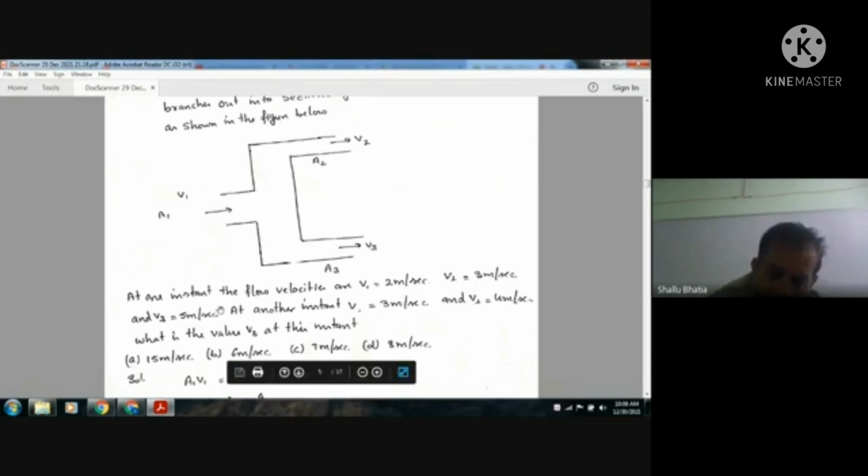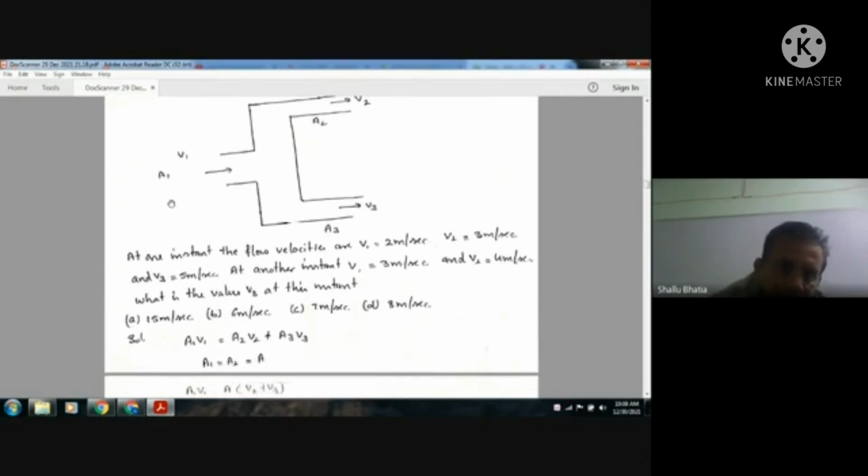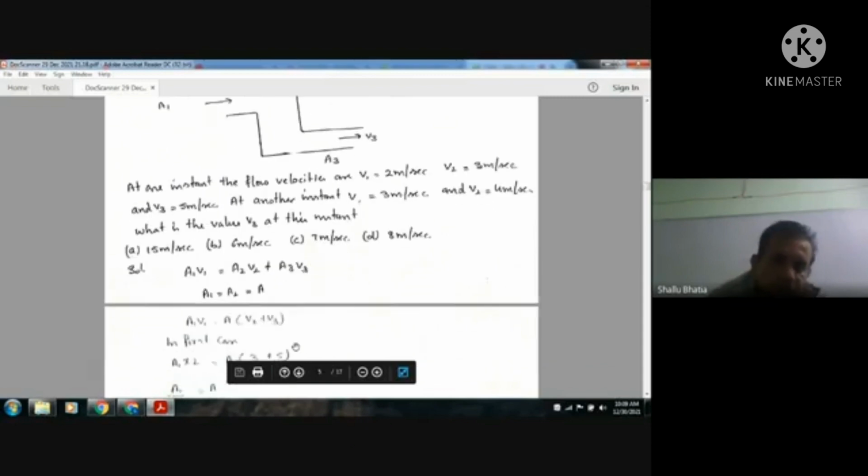Now applying the continuity equation, here the flow is entering. A1 V1 is the total flow in, and A2 V2 plus A3 V3 is total out.